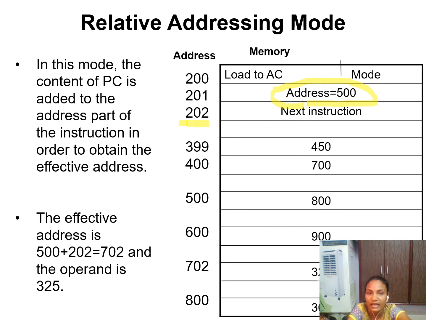If we add these 500 and 202, we will get the effective address as 702. If we go to 702, we will find the operand. This is the value to be loaded into the accumulator. The value is 325. Once again, the address value is 500 and the PC value is 202. If we add the address and the PC value, we get the effective address, and if we go to the effective address, we'll find the operand.